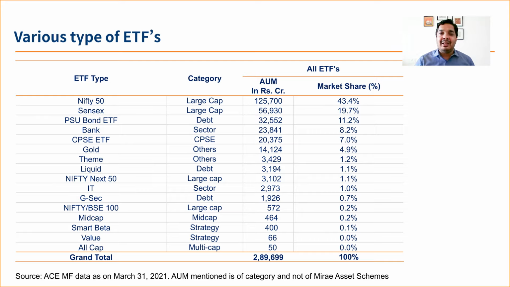We hope that in the coming future the smart beta based products, the thematic products, and the other exotic products will become more popular when investors start to understand the nuances and start to invest in these products based on their risk profile.